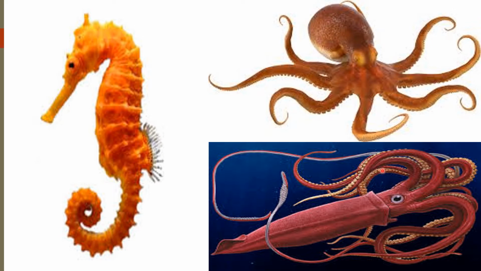And look at this one. You can see the eyes like a wiggly eye here. Good. Now look at the tentacles. They are also different from the tentacles of the octopus. This one is called a squid. Let me hear you say it. Squid. Good. And this is called octopus. Octopus. And then we have the seahorse here. Good.